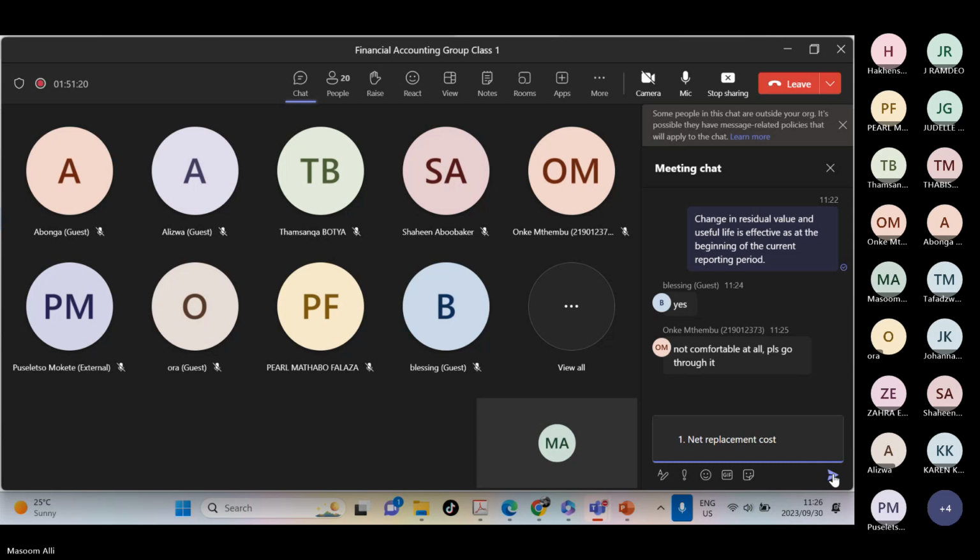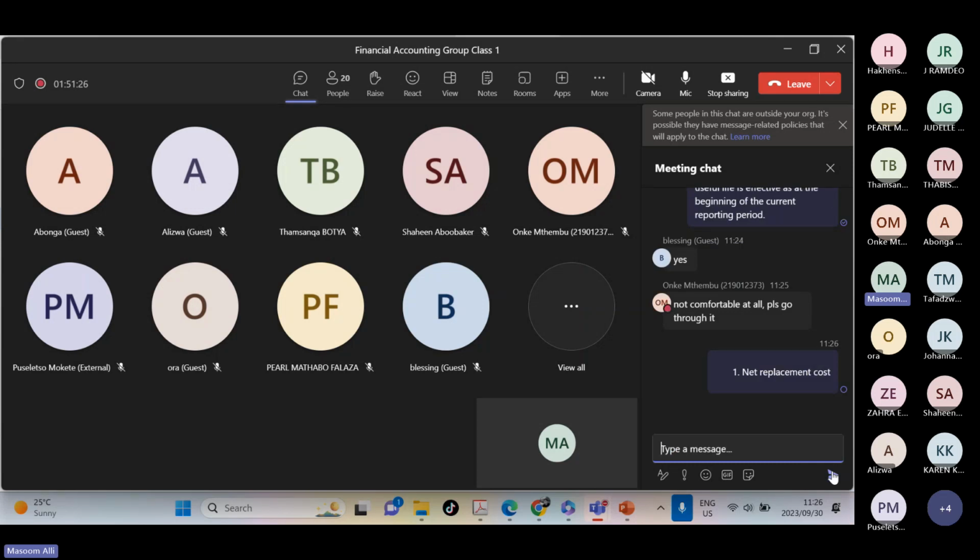That should be your first calculation that you arrive at. Okay, your net replacement cost. Sometimes this will be given, and sometimes you will need to calculate it. It really just depends on what the question tells you.